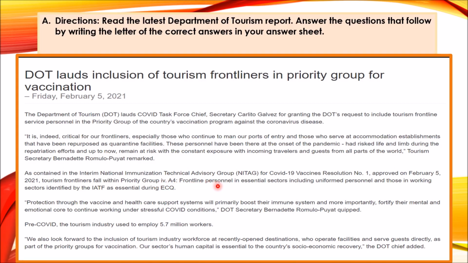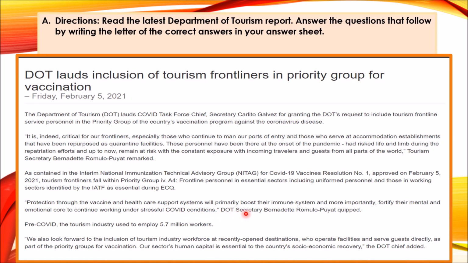Frontline personnel in essential sectors, including uniformed personnel and those in working sectors identified by the IATF as essential during ECQ. Protection through the vaccine and healthcare support systems will primarily boost their immune system and, more importantly, fortify their mental and emotional core to continue working under stressful COVID conditions.